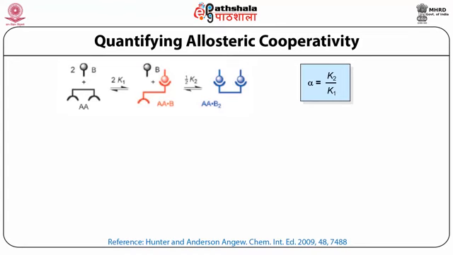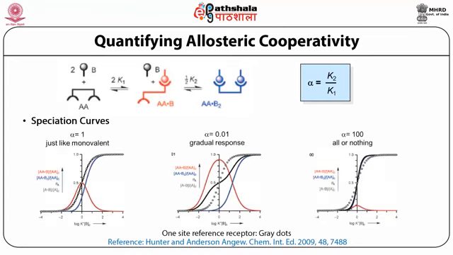For that we must look at the speciation curve, which we have already introduced a couple of slides earlier. So you can have the following scenario. If you look at the first curve, the blue trace is for the final, completely bound product. The red one shows the concentration of the intermediate, and theta A, given by the black line, shows the binding site occupancy.